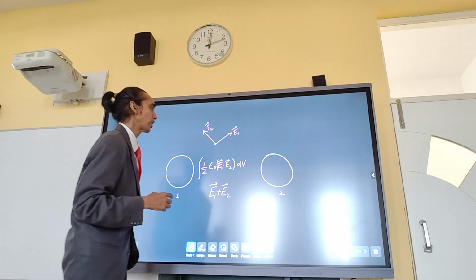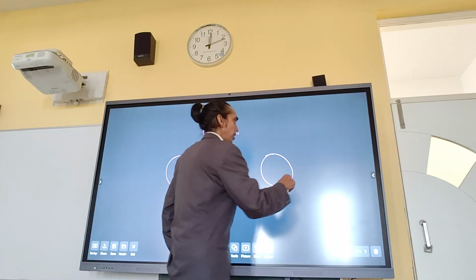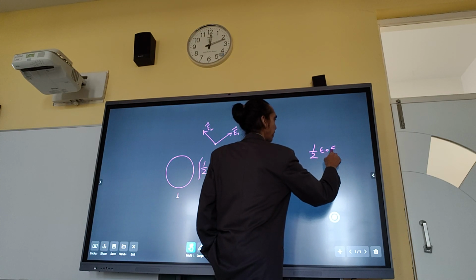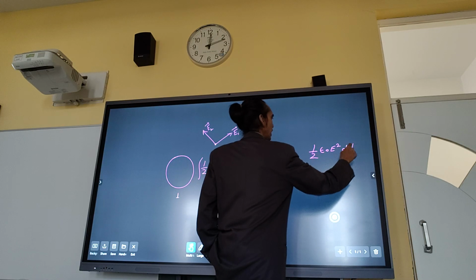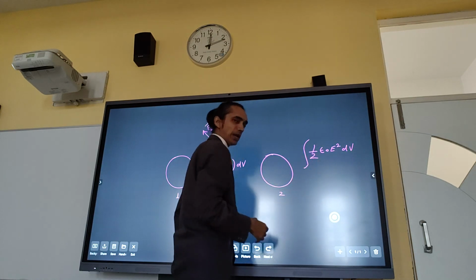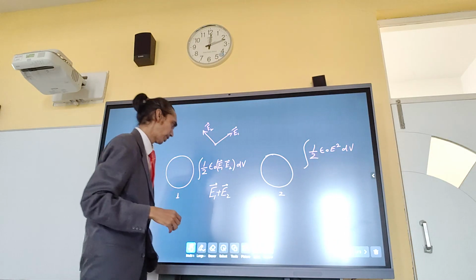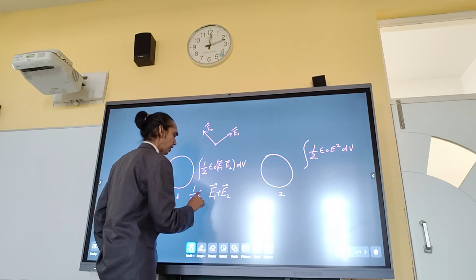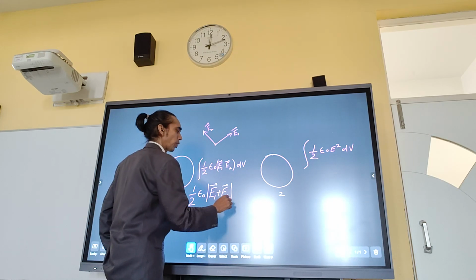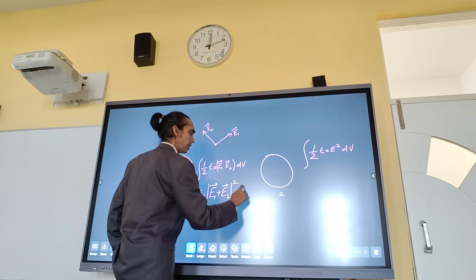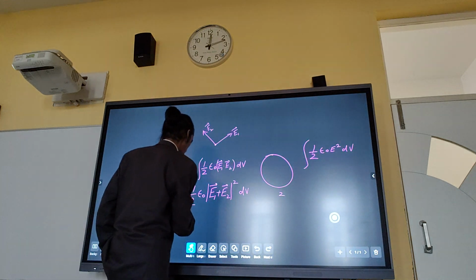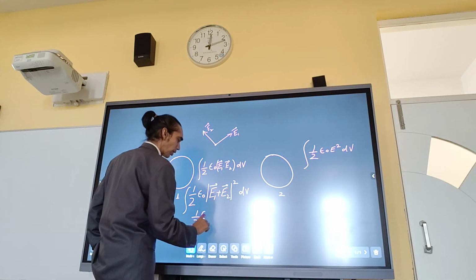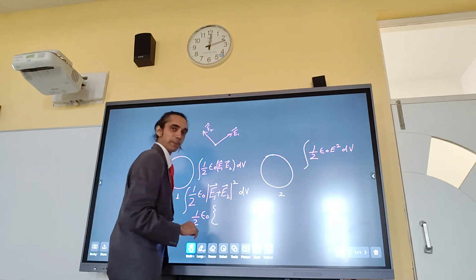We are aware that total energy can be marked as energy per unit volume, half epsilon naught E square, into dV integrated, which gives total energy. Following this rule, I will make no exception: half epsilon naught mod of this quantity whole square, integrate.